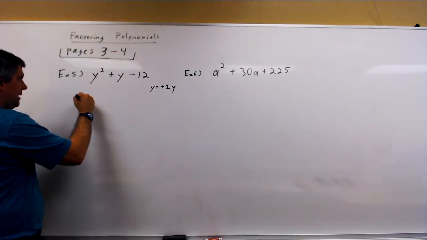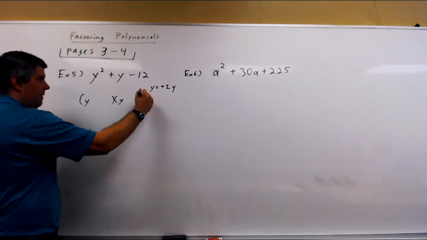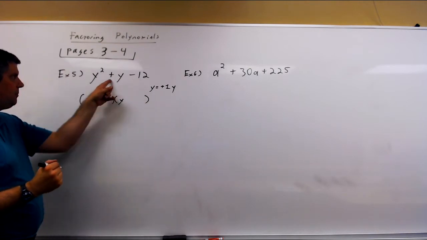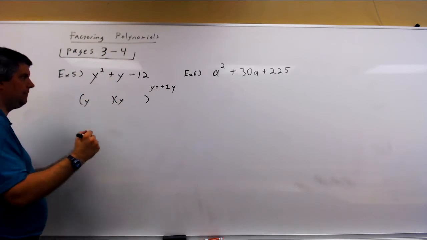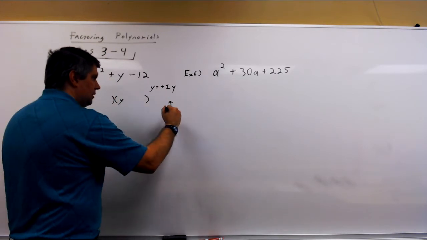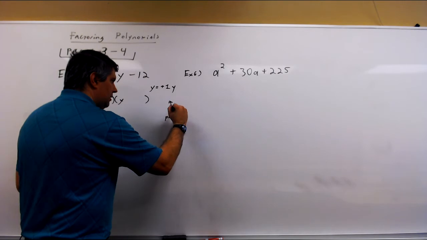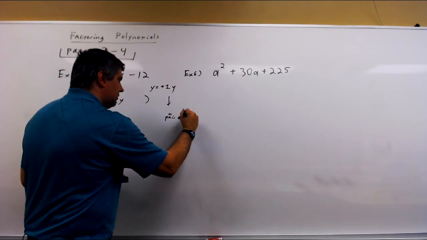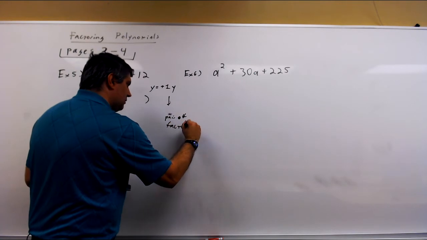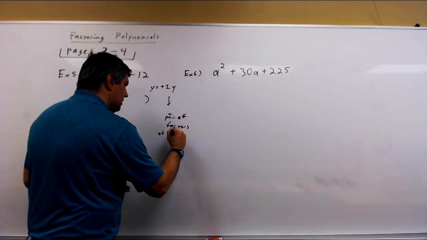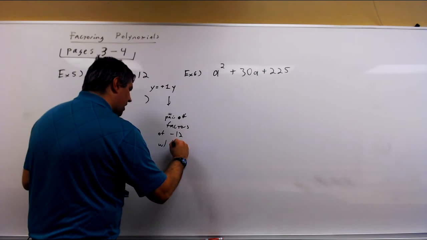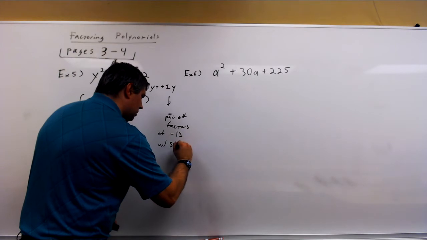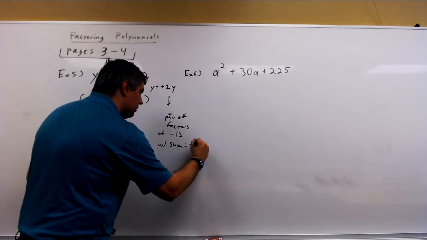So I'm going to be setting up y and y, and I need the pair of factors of negative 12 with a sum equaling positive 1.